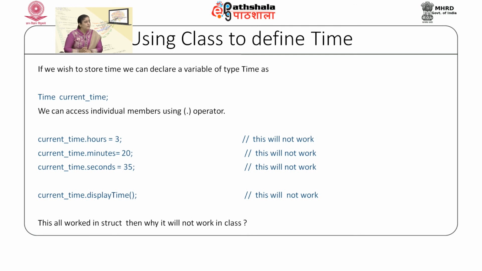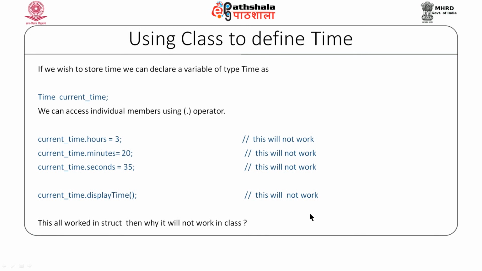Here also to access the data members, we can make use of the dot operator. So, dot operators can be used like this and this, but for the class that we have defined right now, none of these statements which are written to access the members of the class will work. You would recall that these statements worked fine in case of structure, but these statements will not work for the class.